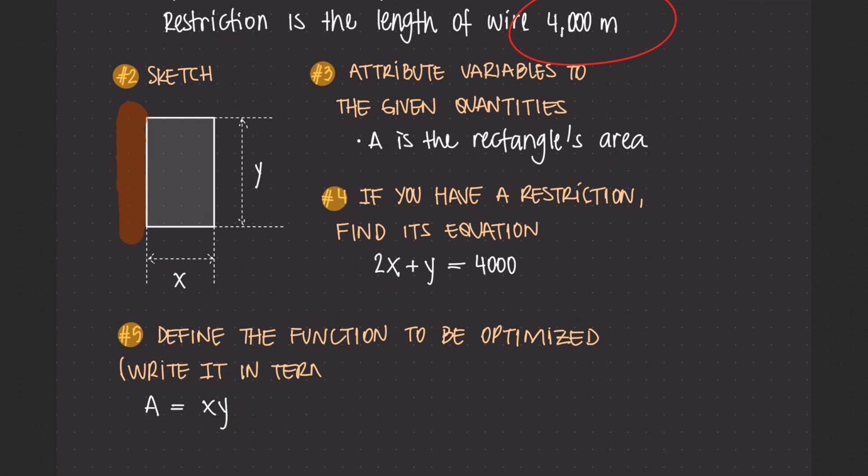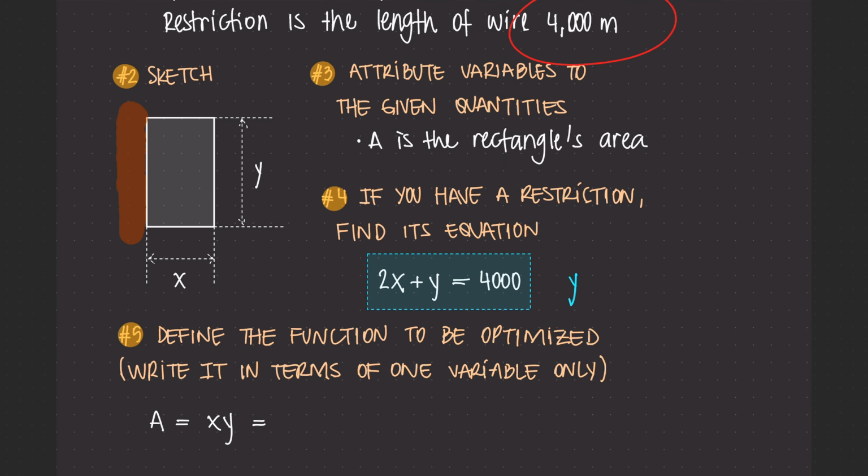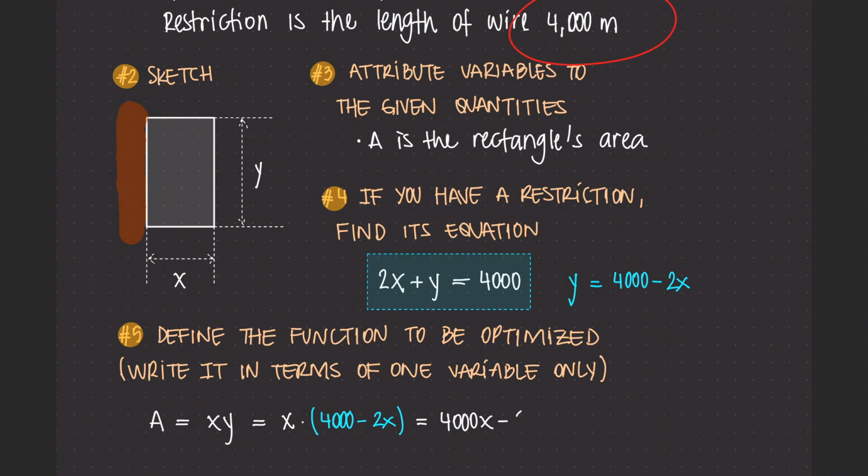You're going to write it in terms of one variable only. And how do we do that? Using the restriction. We are going to rewrite y in terms of x over here and place it in our function area, which gives us the area in terms of one variable only. In this case, we have the area equal to 4000x minus 2x squared. Okay, so sit tight, we're halfway there.